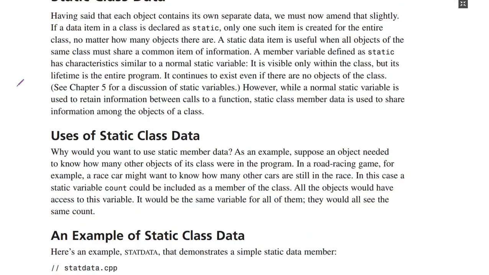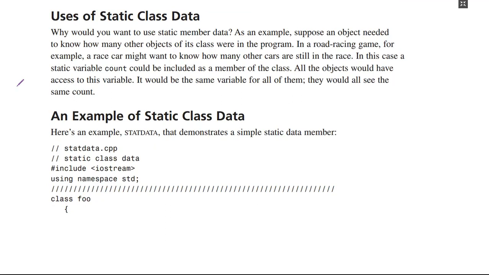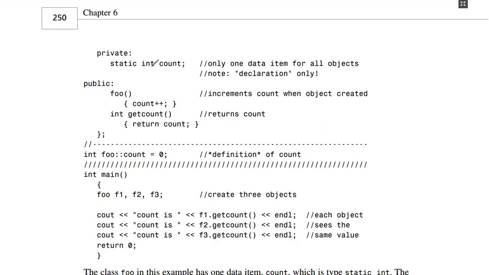If we declare a data item to be static, for example, say this is a class with the name FOO, and it has one data item which is static. You should know the difference between static and automatic variables from your previous course.